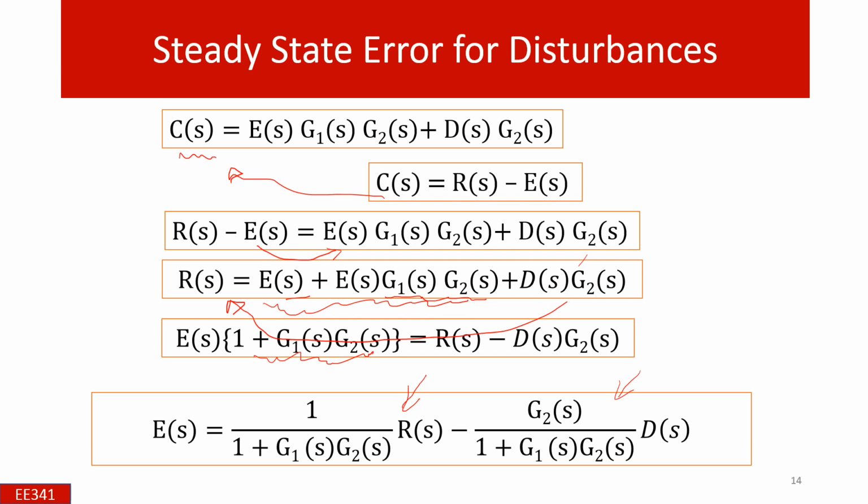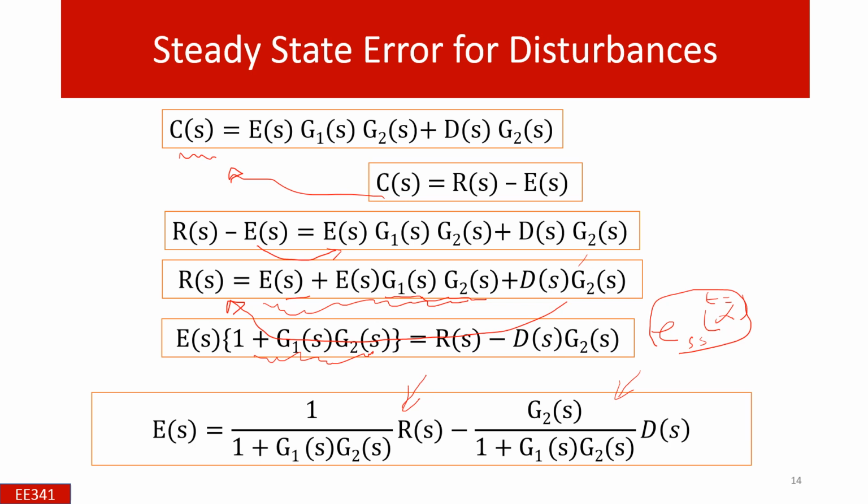So this is the steady state error. If we find the steady state error from the previous block diagram, how do we find it? What will be the steady state error for this type of system at time equal to infinity?